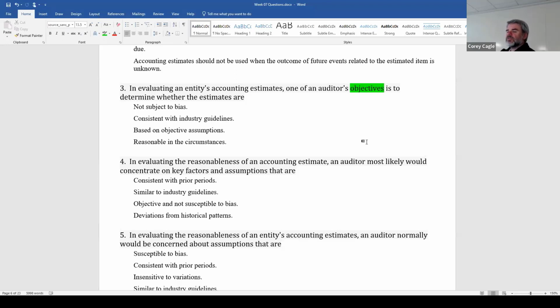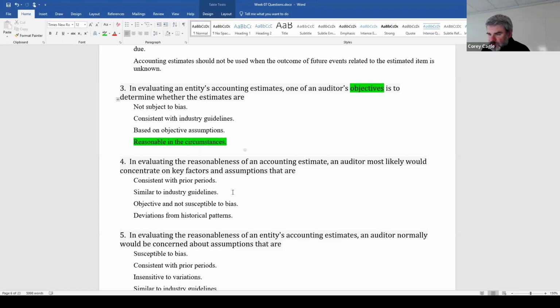B says consistent with industry guidelines. Okay, that's not an objective, right? C says based on objective assumptions, and D says reasonable in the circumstances. So I would have to land on D as the best answer. That is our more broad objective, is it reasonable in the circumstance, right? This is the best answer, but I could consider A as a good choice too.